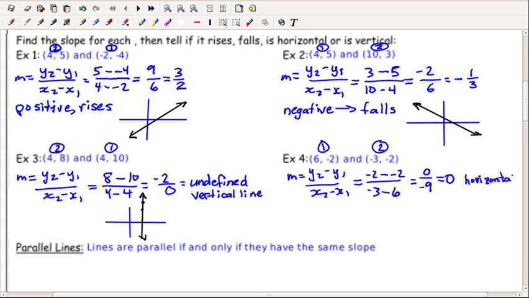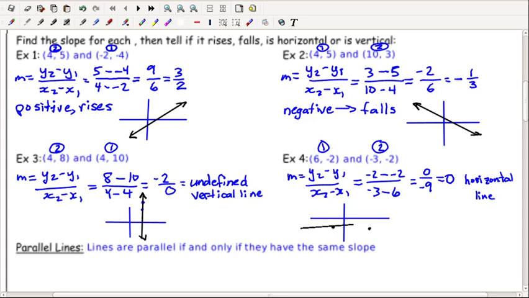So 0 on the top, horizontal line, 0 on the bottom, vertical line, undefined. 0 on the top, it's okay, we can deal with that. It just gives us 0. 0 on the bottom, explode. Mind explodes because we're trying to divide by 0. So then if you tried to sketch this one really quickly, you'd have 2 points, so (6, -2) somewhere down here, and (-3, -2) somewhere over here.